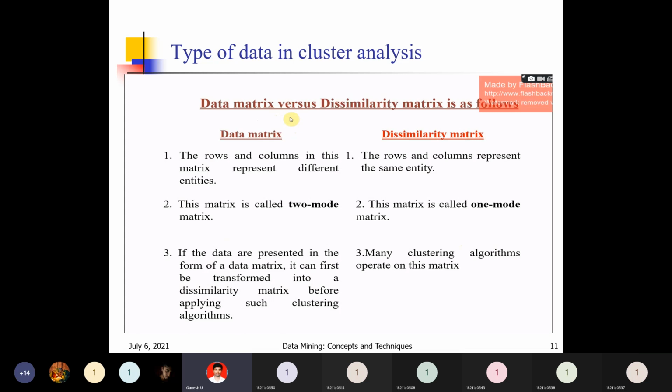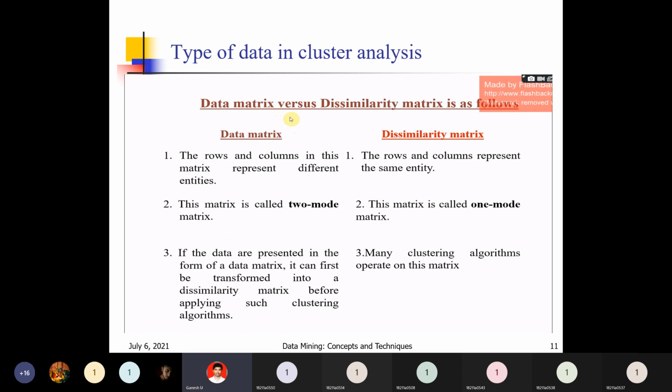So the data matrix representation should always be converted into a dissimilarity matrix, and then only you will go to clustering, because clustering is nothing but similarity and dissimilarity. Many clustering algorithms operate on this matrix. Most of the clustering algorithms use the dissimilarity matrix.